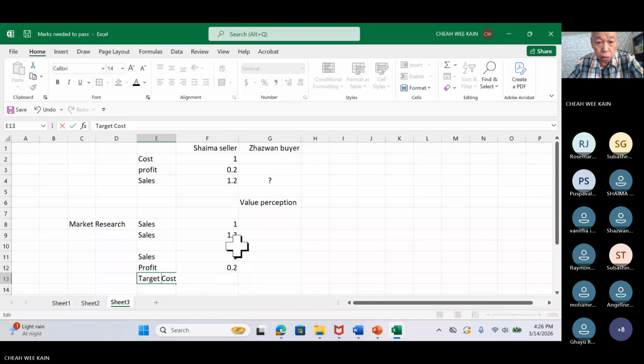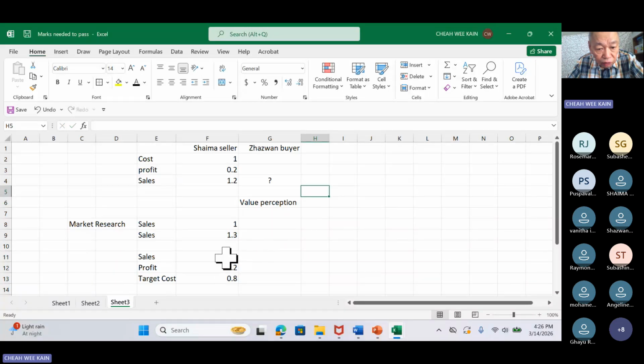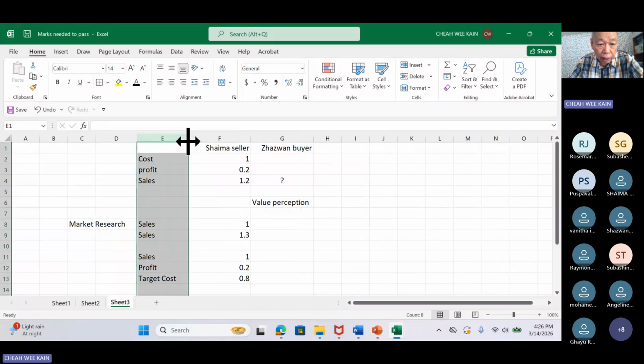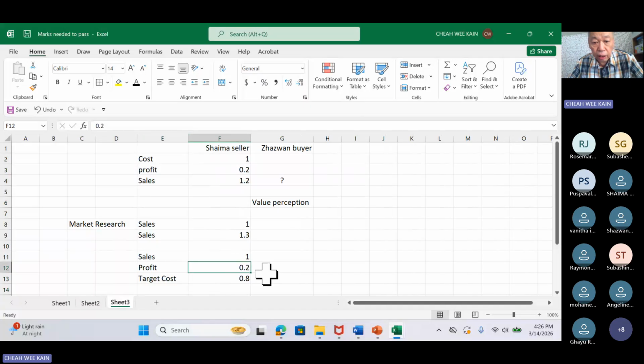That's all. So how do you find the sales price? It's not from cost plus profit as your sales price. Now, if you cannot get this target cost, you have to work harder. It takes you time. But in the meantime, you can have only zero profit because your cost will tie back to your current cost.